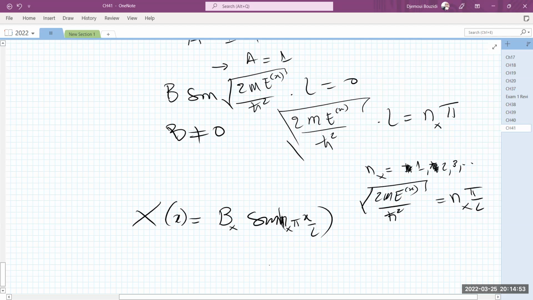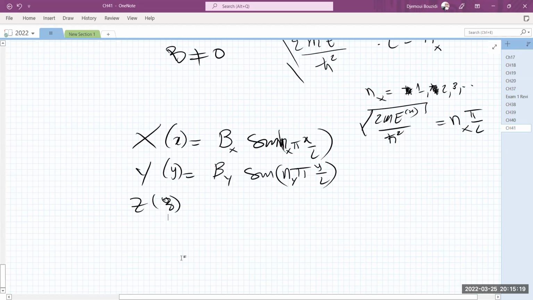So now, here is the thing. For the y direction, it's going to be identical, except replace x by y. So it's going to be a sine, because the conditions are identical, and another integer ny we're going to pick up, times pi times y over L. And the same thing is true for z.